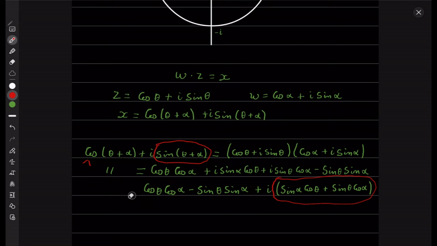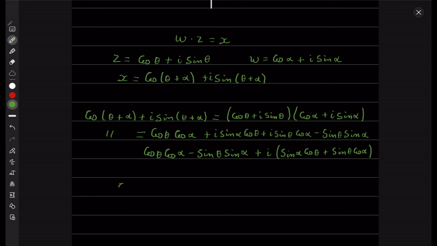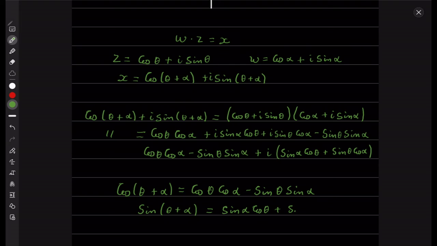So with this we can say that cos theta plus alpha is equal to cos theta cos alpha minus sine theta sine alpha, and sine theta plus alpha is equal to sine alpha cos theta plus sine theta cos alpha.